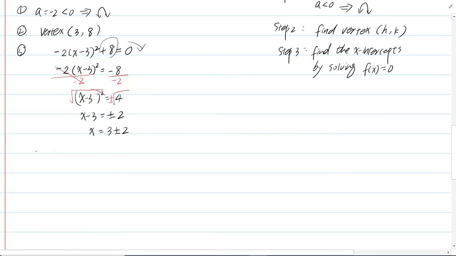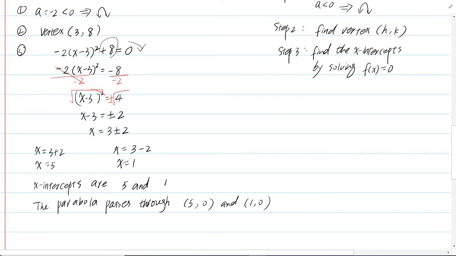Then we can separate this to have x equal to 3 + 2, and x equal to 3 - 2. So in this case, we have x equals 5 and x equals 1. The x-intercepts are 5 and 1. That means the parabola passes through (5, 0) and (1, 0).